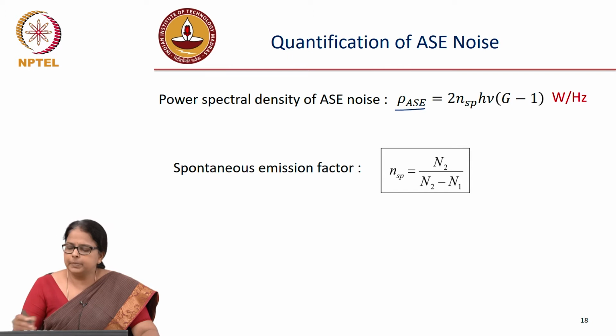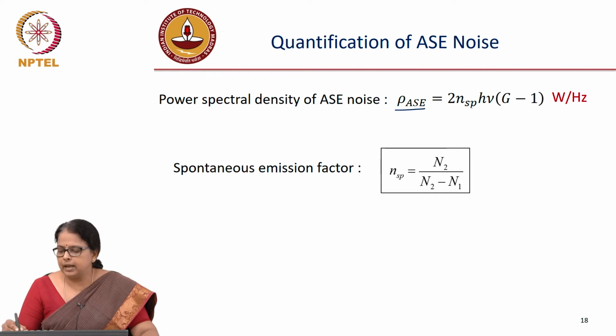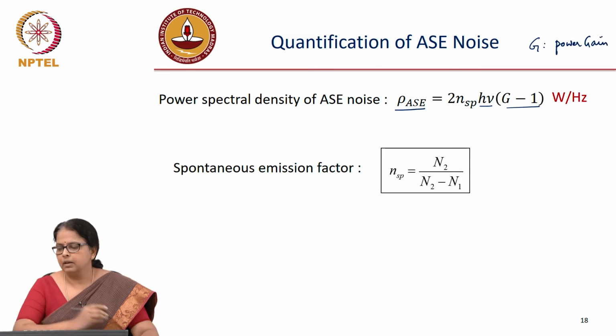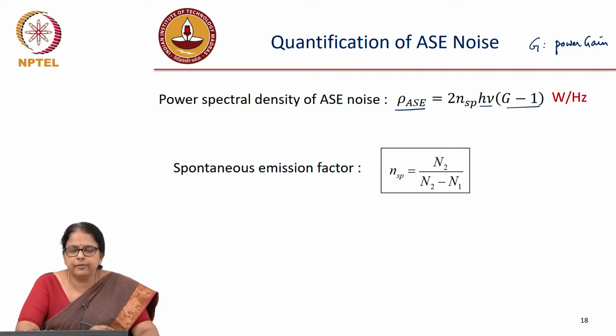The power spectral density is twice n_sp h nu (G minus 1), where G is the power gain, and n_sp is the spontaneous emission factor, which is decided by N2 divided by (N1 minus N2).